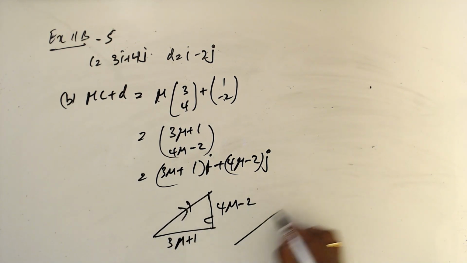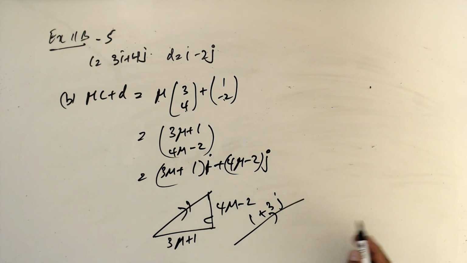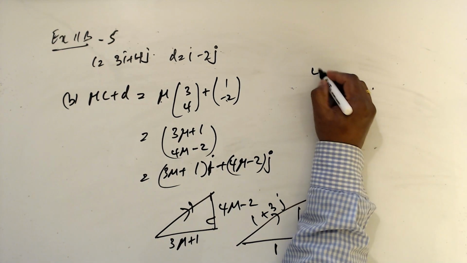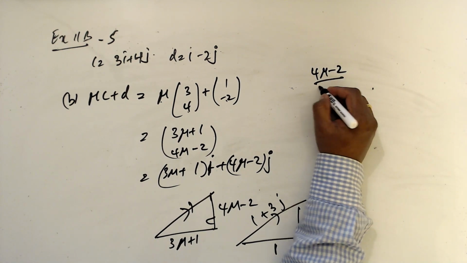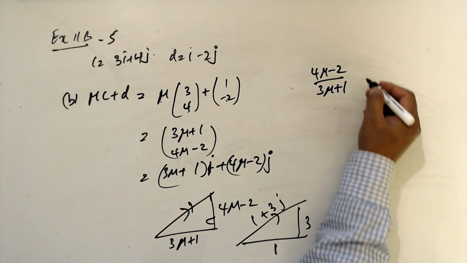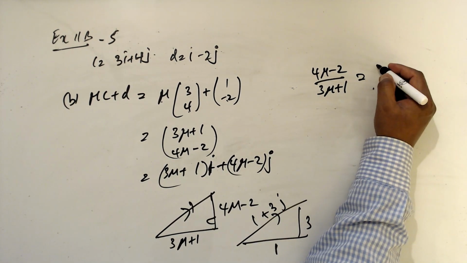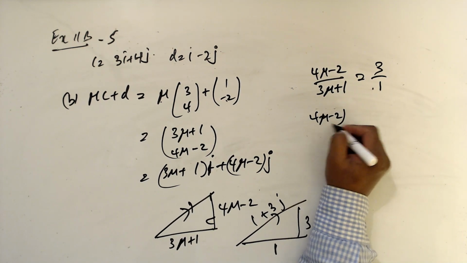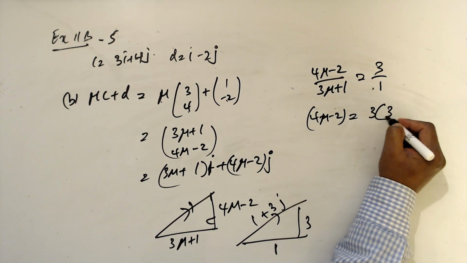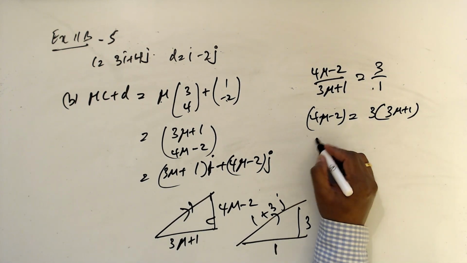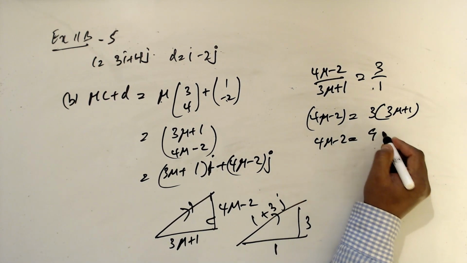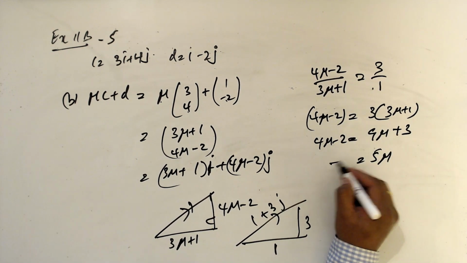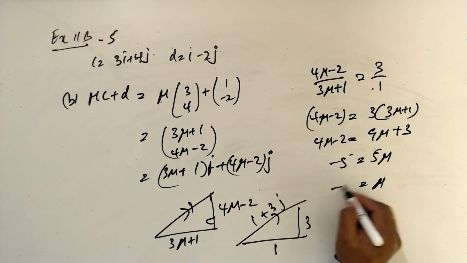And this is parallel to i plus 3j. This is 1 and this is 3. It means 4 mu minus 2 divided by 3 mu plus 1, this gradient is equal to this gradient. 4 mu minus 2 equals 3 times 3 mu plus 1. So 4 mu minus 2 equals 9 mu plus 3. So minus 5 mu equals 5, mu equals minus 1.